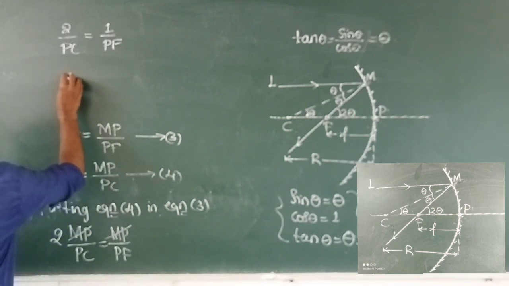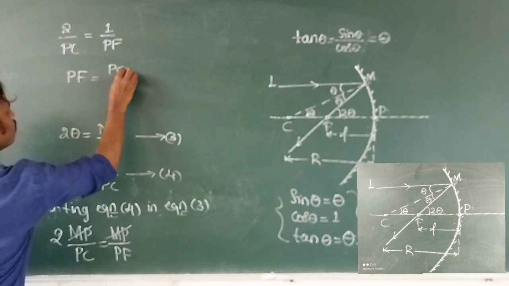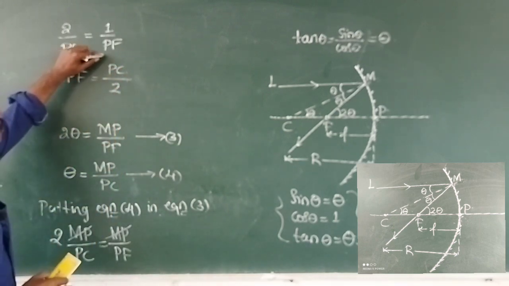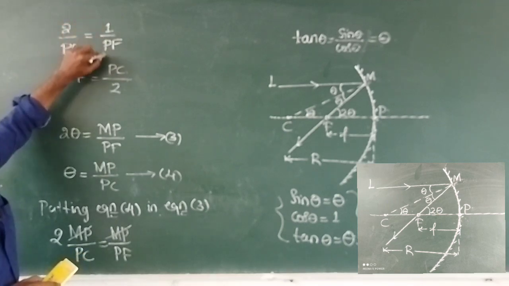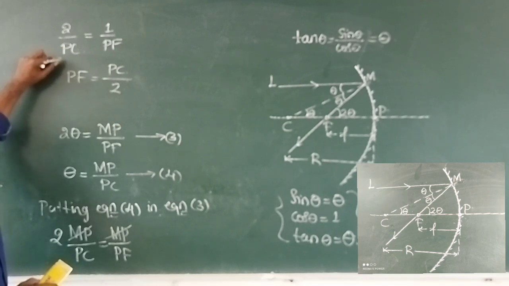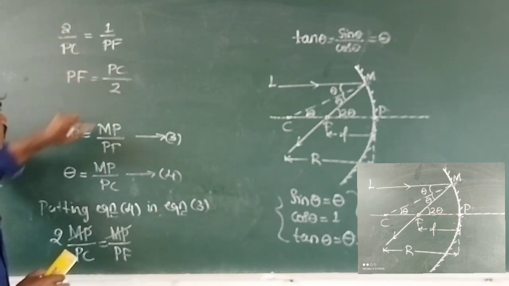Now we can write PF is equal to PC by 2. So PF is taken to the numerator and 1 to the denominator, that is PF by 1, which is again PF. Here PC is taken to the numerator and 2 to the denominator, then it is PC by 2.